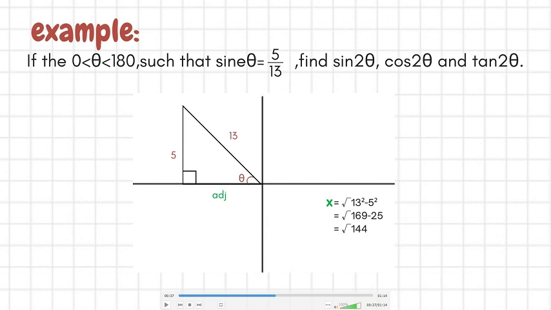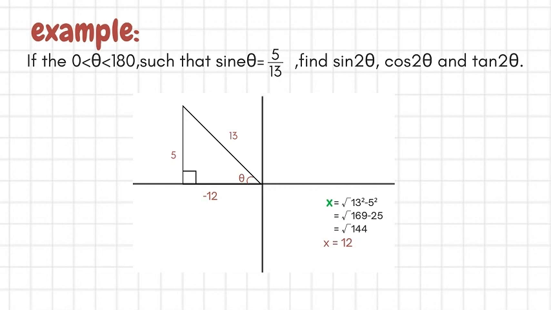And 169 minus 25 is equal to 144, and the square root of 144 is 12. And remember, according to the ASTC rule, in quadrant 2, only the sine and its reciprocal are positive. So our adjacent will be negative 12.